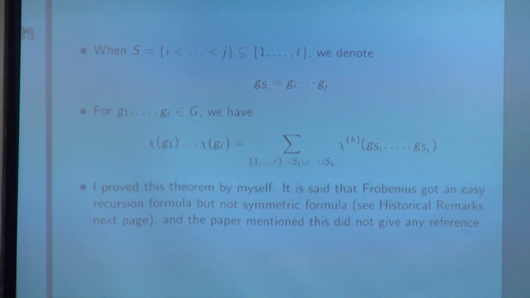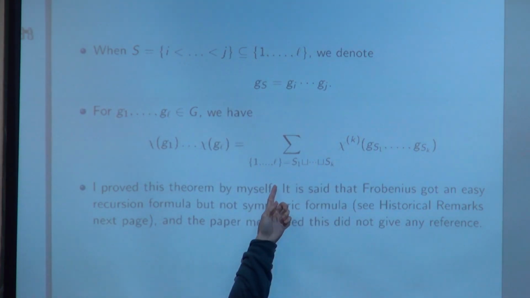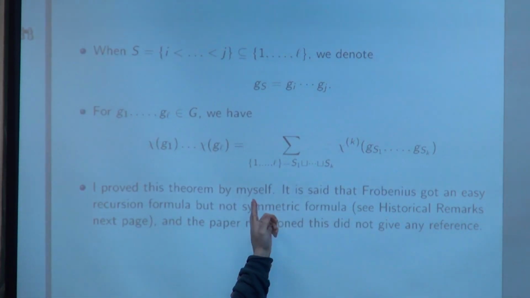First, we introduce some notation. When S is a subset of 1 to L, this 1, 2, 3 up to L is from I to J. Then we denote GS by the multiplication from GI to GJ. And for G1 to GJ, I note that here is a classification or division of this set.